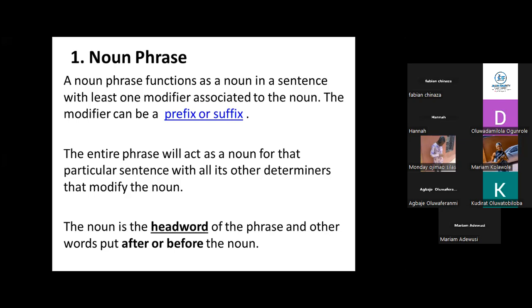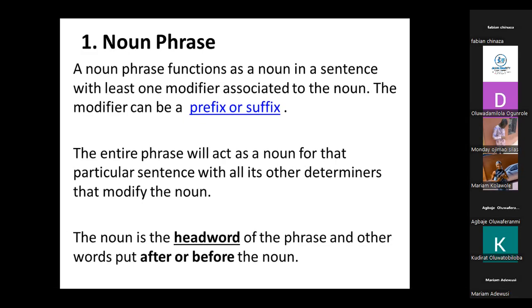Now, a noun phrase functions as a noun in a sentence. That is, everything that a noun can do in a sentence is what a noun phrase can do. And for you to identify a noun phrase in a sentence, it must have at least one modifier associated to the noun. Now, the modifier we are talking about here may be attached to the noun before it or after it.